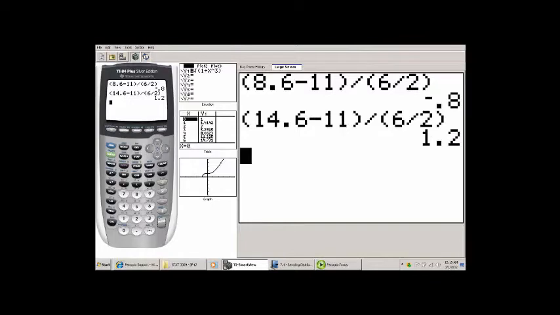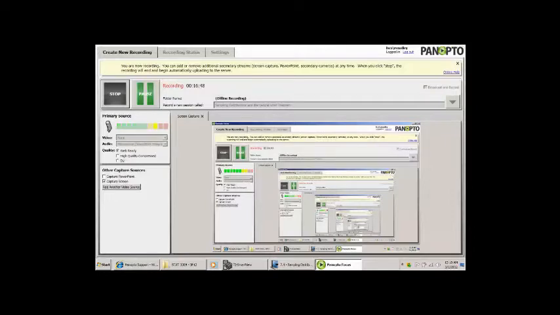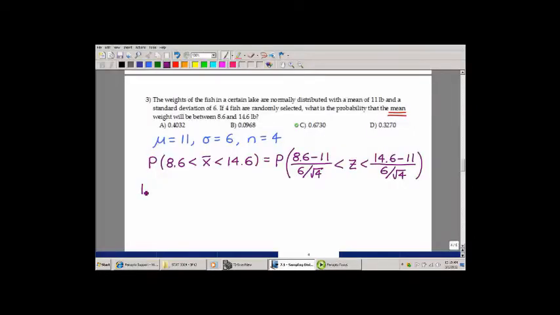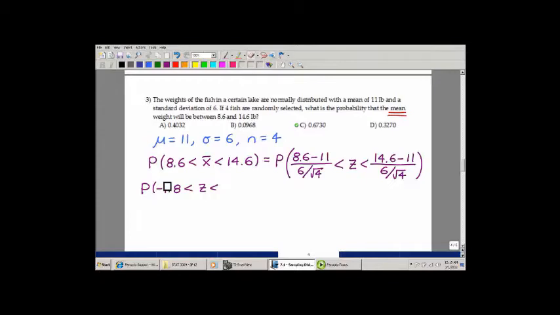Here we go. 1.2. So my range of z values will be negative 0.8 to 1.2. Oh, made a mistake there. Yeah, negative 0.8 to 1.2, excuse me. So we can erase that 1 right there. I'll put the negative right here. Negative 0.8 to 1.2.